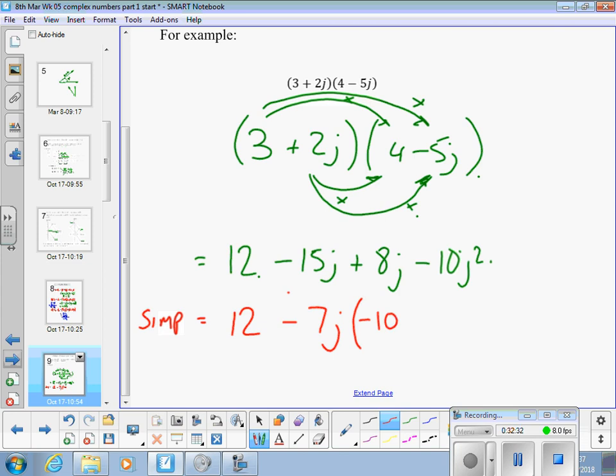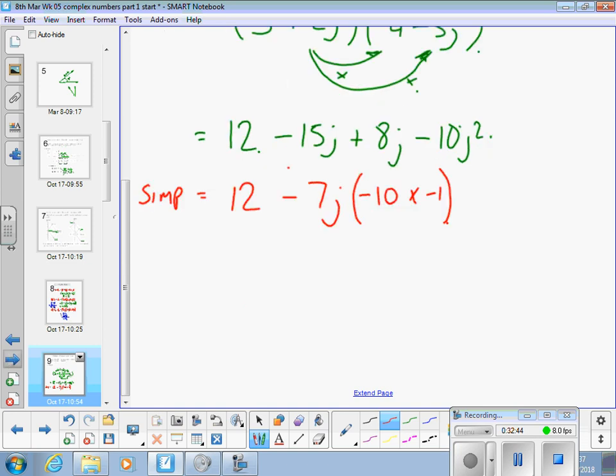What's j squared equal to? What does that make that? So 12 minus 7j plus 10.